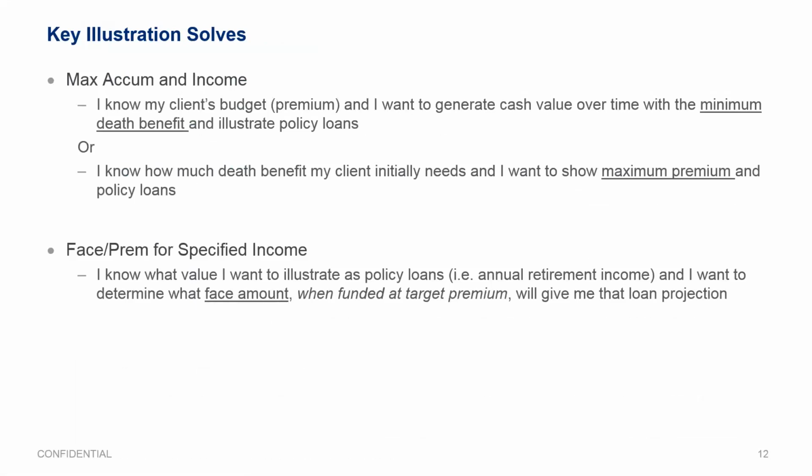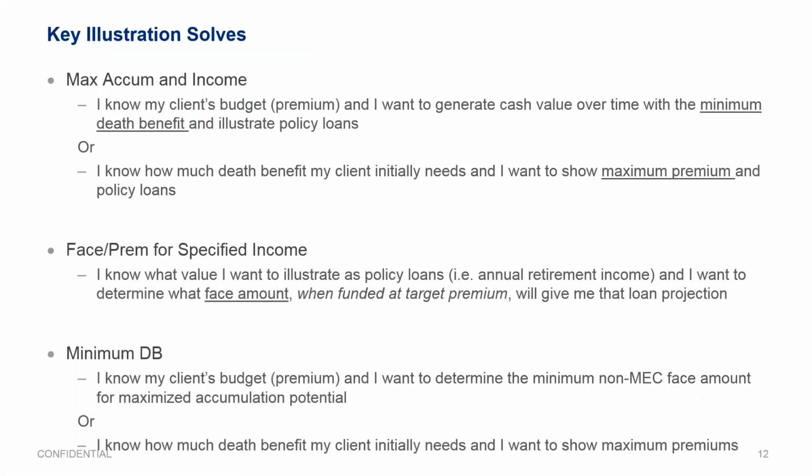So this particular solve, and it's a pretty new one for us, we introduced this last year, so hopefully you see this as a benefit, is that I'm going to say I want $40,000 a year during retirement, and the software is going to determine what face amount, when it's funded at target premium, will give me that loan projection. So it's not a max funded design, it's a target premium funded design, but it will solve for both the face amount as well as the target premium.